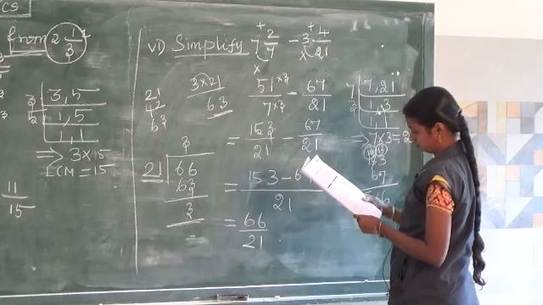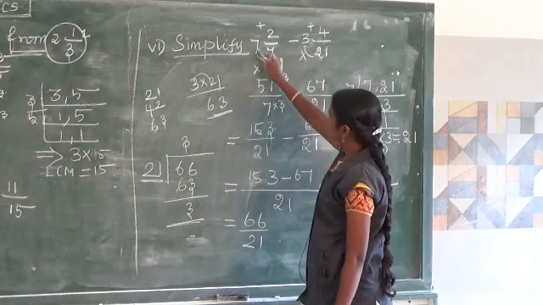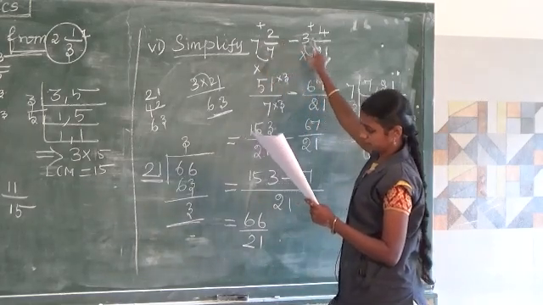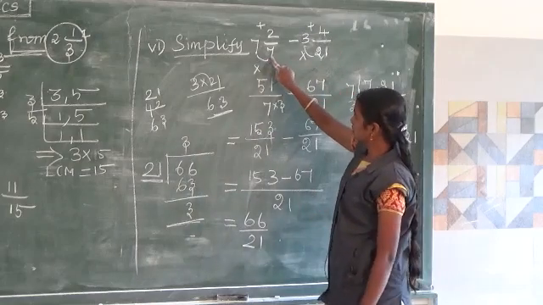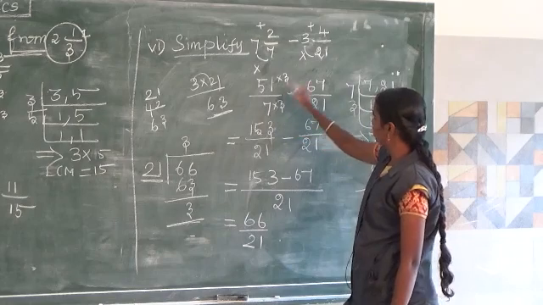Once again, we have made a mistake somewhere. We'll check the question. 7 sevens are 49, 49 plus 2, 51/7.